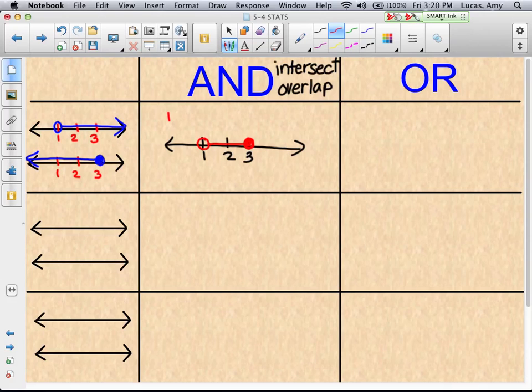So this is an interval graph that is formed, and I can name my interval 1 is less than x, which is less than or equal to 3.